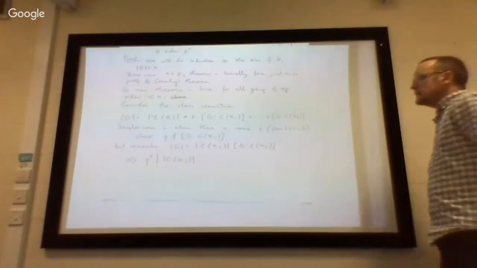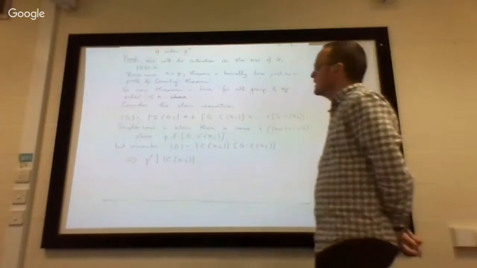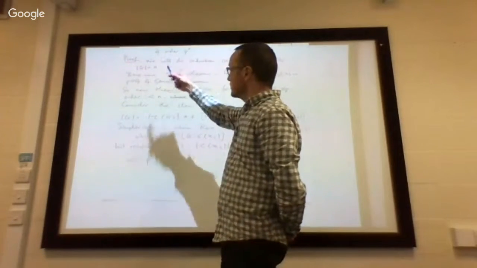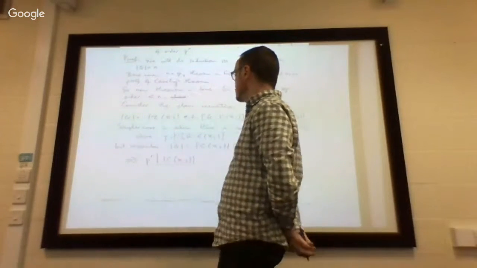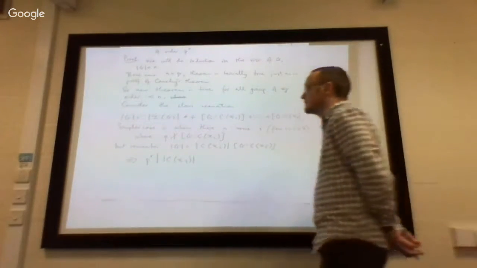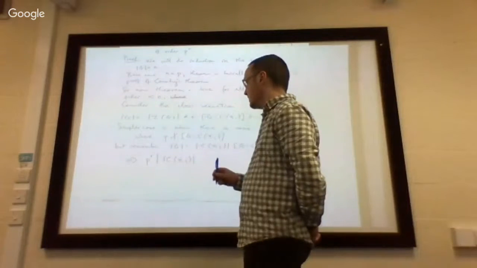But then this centralizer is a smaller group than G. It's a proper subgroup of G. So that means it's covered by the induction hypothesis.